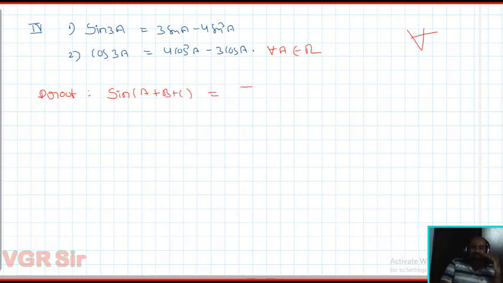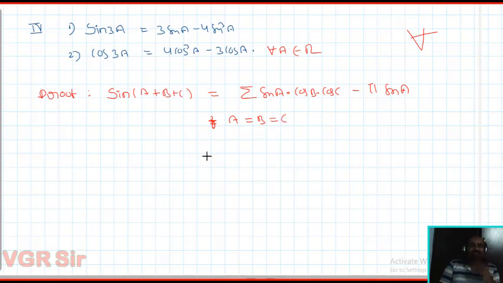What is the formula? Sigma sin a into cos b into cos c minus pi sin a. Actually, this will contain 3 terms. But what happened here? I want to take a equal to b equal to c. If a equal to b equal to c, instead of b I will write a, instead of c also I will write a.